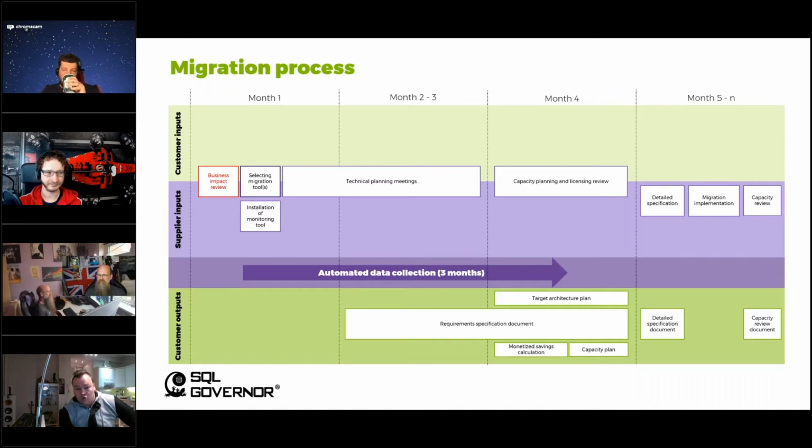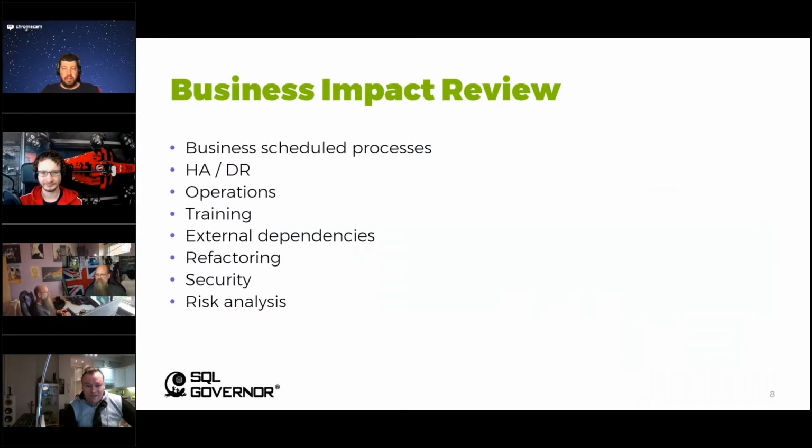We are not going to go through any of those except the business impact review, and that we are going to go through in a more thorough manner. And these are the main topics that we are going to cover today. First of all, we are going to have a discussion about business scheduled processes, then about high availability and disaster recovery, talks about operations, training, external dependencies, refactoring, security, and then risk analysis.